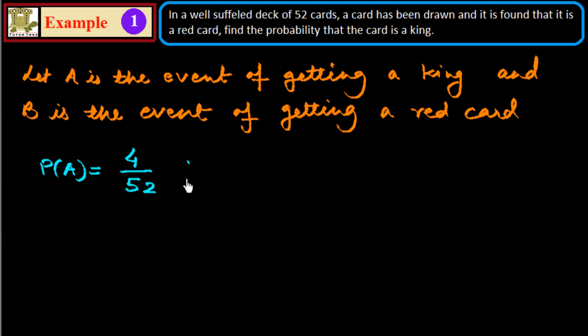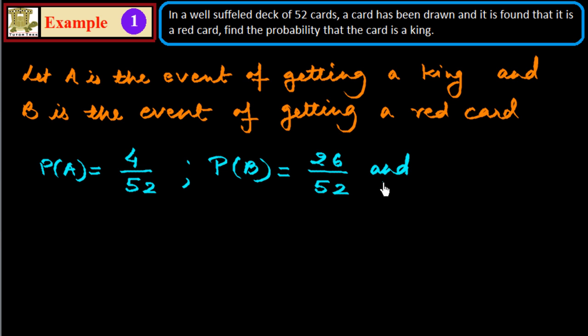Now we find out the probability of B. We know already that there are 26 red cards in a deck of 52 cards, so favorable outcomes are 26 and the total number of cards are 52, so 26 over 52. One more thing: there are 2 cards which are red as well as king.